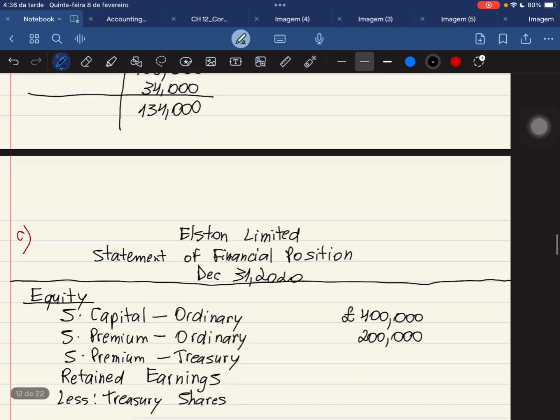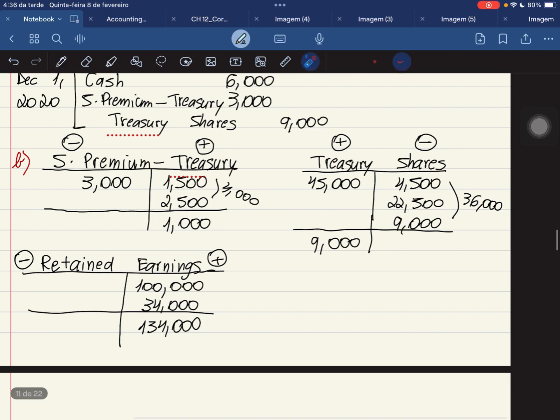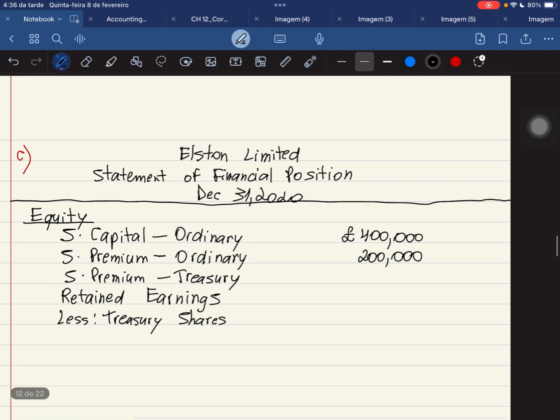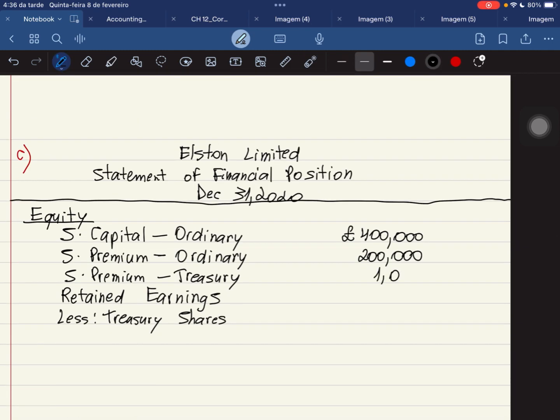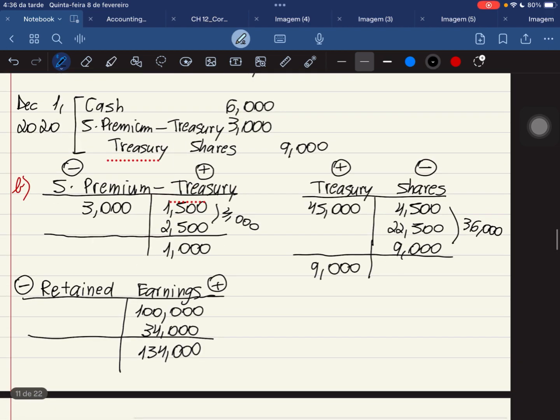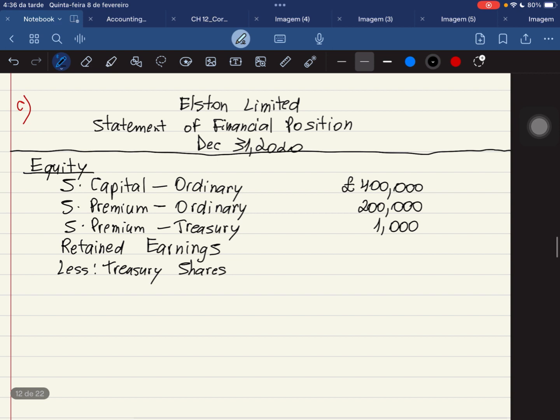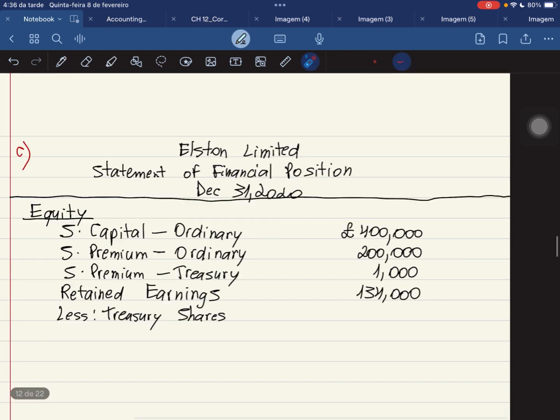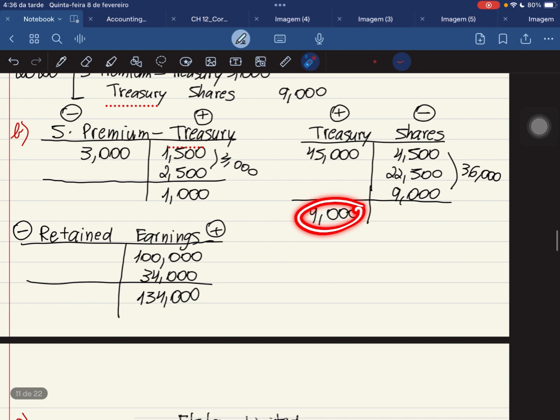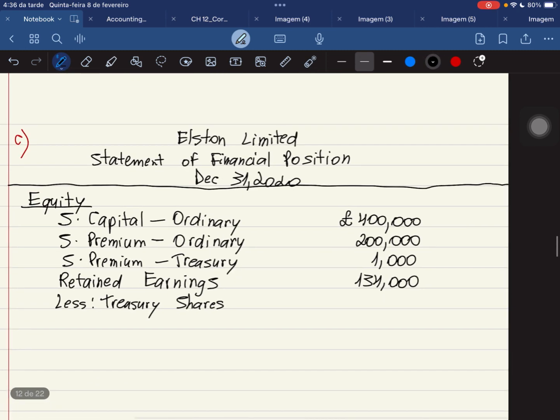And then your share premium treasury, that comes from that ending balance that we got over here. So that is 1,000. The retained earnings also comes from the ending balance that we got over here. So that is 134,000. And you're going to subtract all of these numbers from your treasury shares, which in our case we have 9,000 treasury shares. Okay.